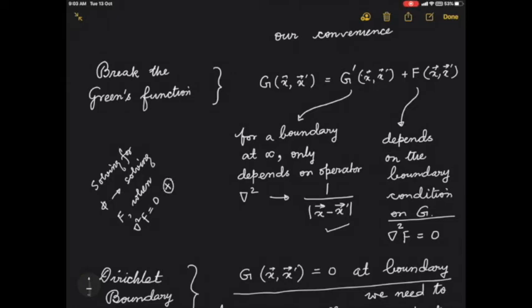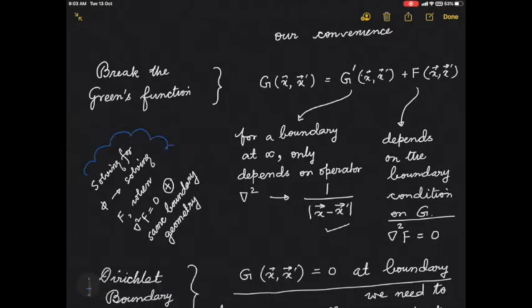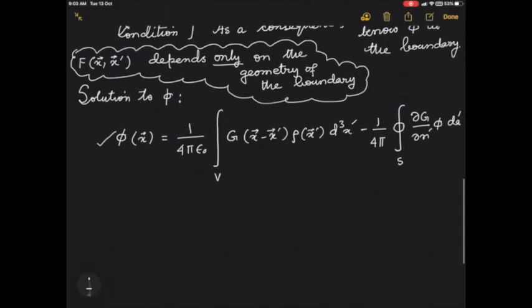So that's a Laplace equation plus the same boundary as the original problem. So this is the simplification the Green's function gives you.